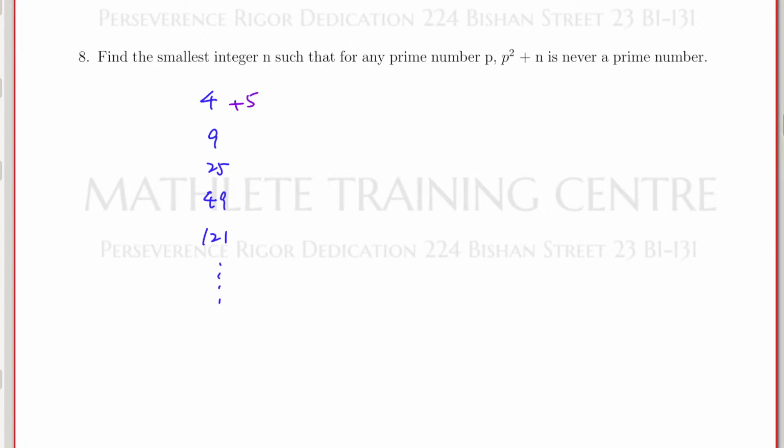What about 4 plus 5? Well, this is no longer a prime, right? 4 plus 5 is not prime. And what that means is that the rest of the numbers, they are all going to be even. So they are actually automatically not going to be a prime anymore. So if the first number is not a prime and everything else is not a prime, then we are done. So the answer for this question is n equals 5.